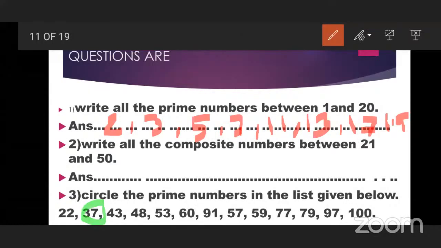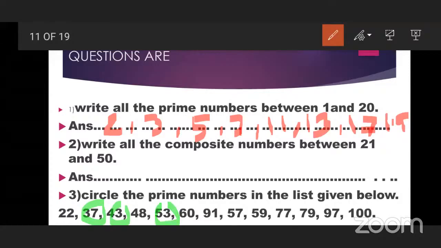Then 43. Yes, 43 is also a prime number. Then is 48 a prime number? No, 48 is not prime, because it has more than two factors. Then 53, also a prime number.